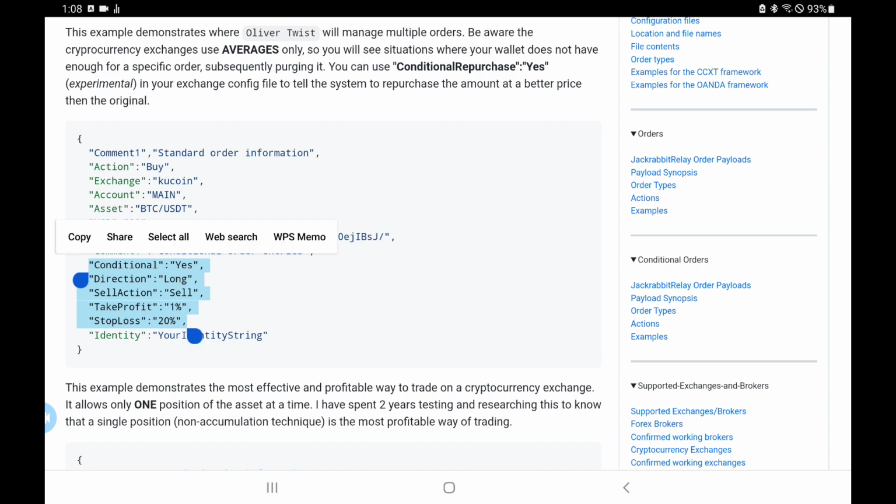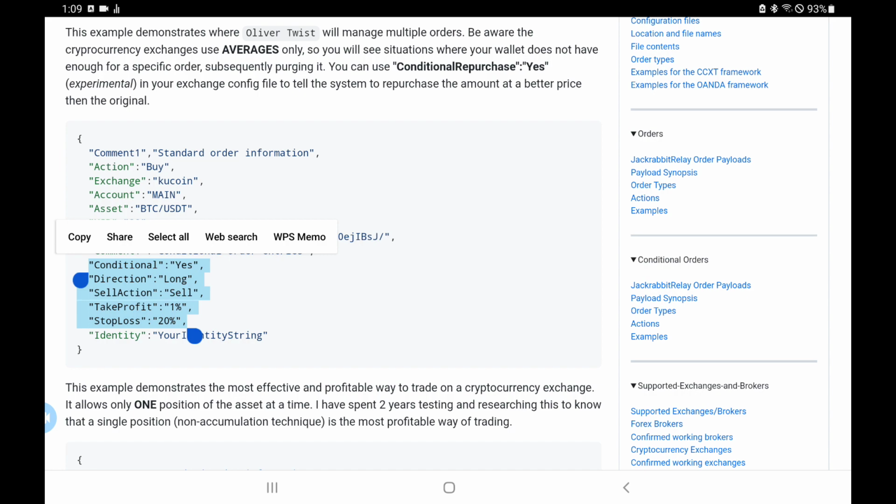As far as the numbers, 1%, 20%, there's a lot of research that goes into that. And I will discuss that a little bit later on, as it is much more involved. So this is the basic part you need to turn any order into a conditional order. Now it's important to understand that this does not work with the DSR, nor is it really needed.